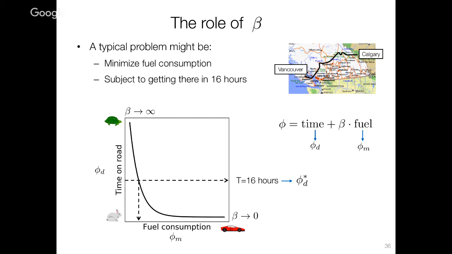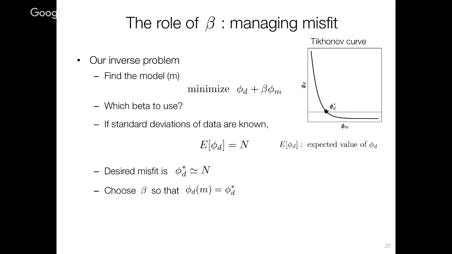So as we change beta from something that's really big to something that's really small, we're constantly following this particular route here. And at this particular point, we hit our target value and we say, okay, we're going to go with that. So we're going to do the same thing now with the inverse problem.